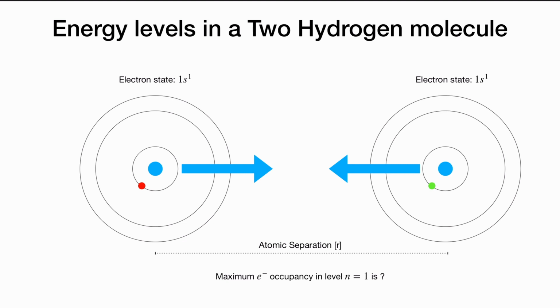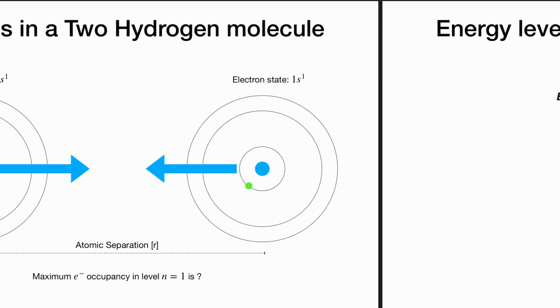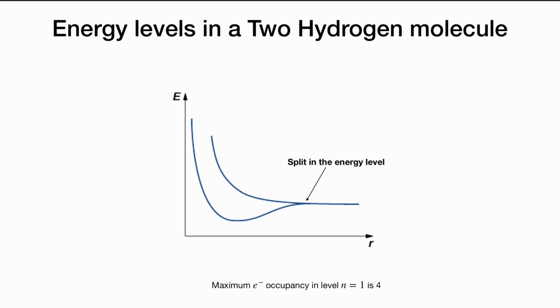What happens if you take this further from 2 hydrogen atoms? You have a sample of more than 2. Let's say you have 4 hydrogen atoms. Again, what's happening here is that what used to be one discrete energy level has now become 2 discrete energy levels, and both of these are 1.